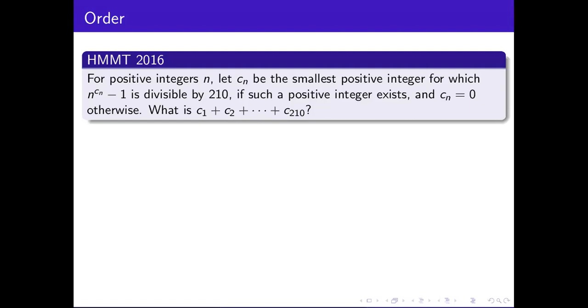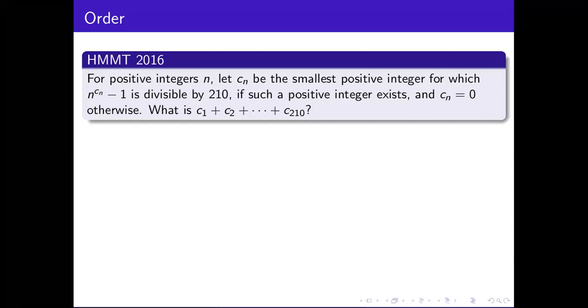Okay, do we have any ideas? Sure. We only have to consider when n is relatively prime to 210, or else C of n is just going to be 0.